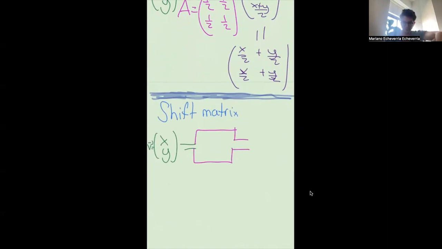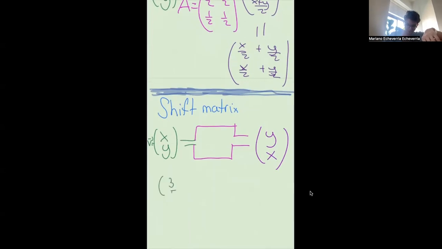What the shift matrix is going to do is change your mind about which entry is what. So the Y value becomes the X value, and the X value becomes the Y value. Just to give you an example, if this had been the vector 3, 5, if you run it through this machine, you get the vector 5, 3. So the shift matrix will be in charge of doing that. It shifts the first with the second entry.